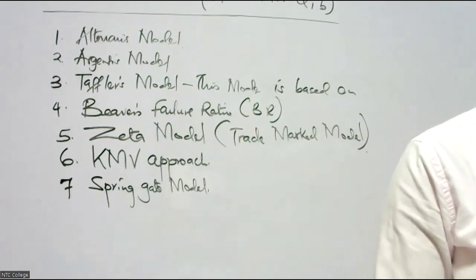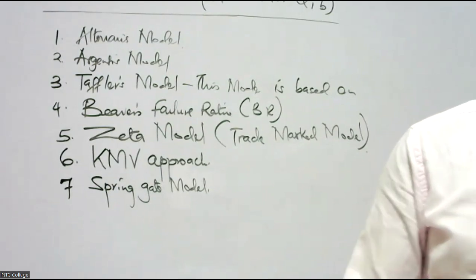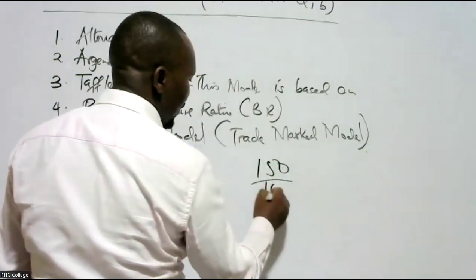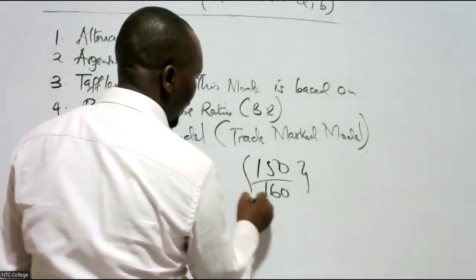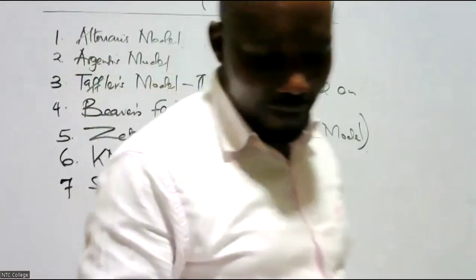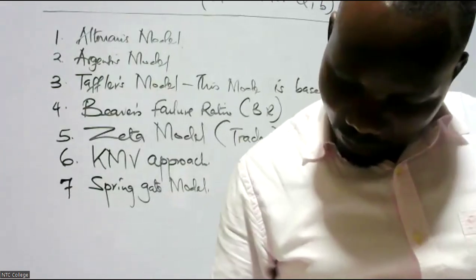Go and review what you did. Have the total liability, use 150 all over 160 and calculate to get your correct answer. That's the only adjustment we need to make there.